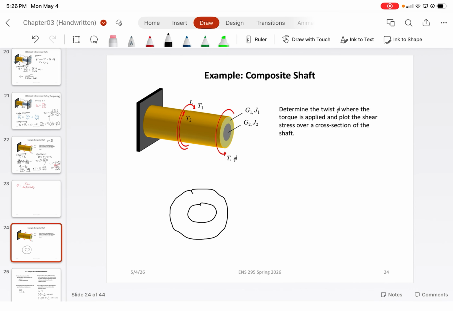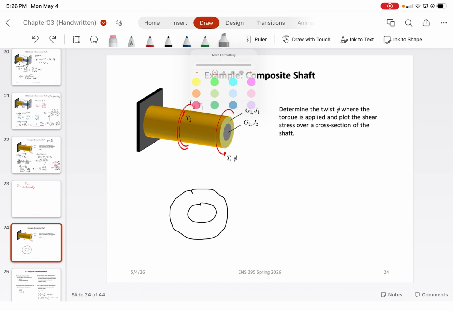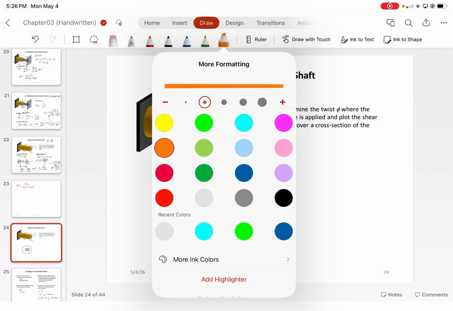So this would be the interface 1. Let me try and shade it as best as I can to match the colors being used. So that's that hollow core that's in there.